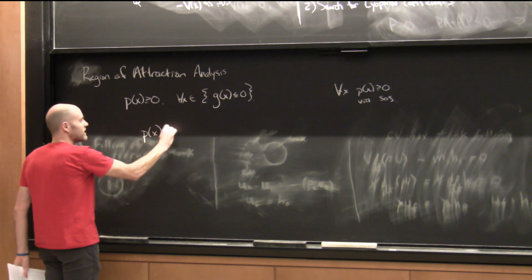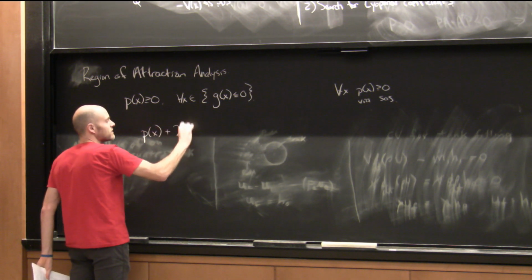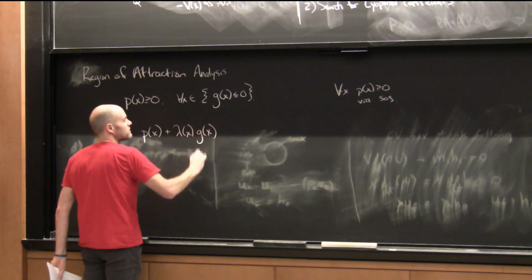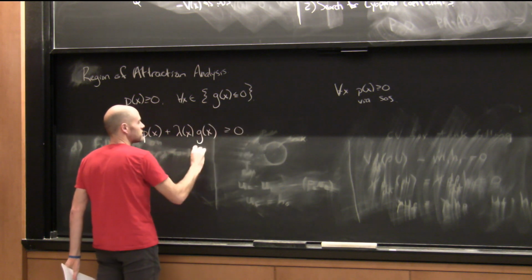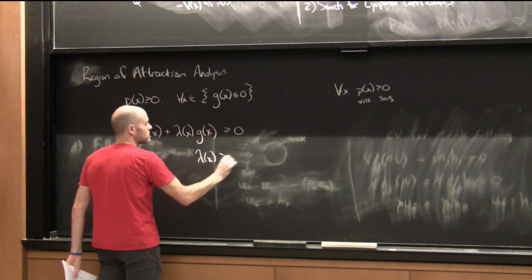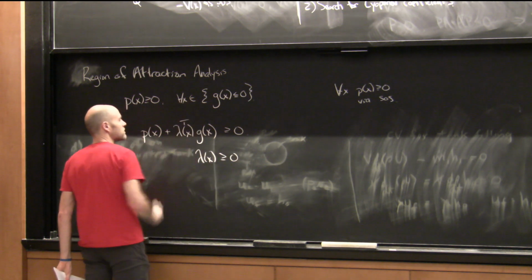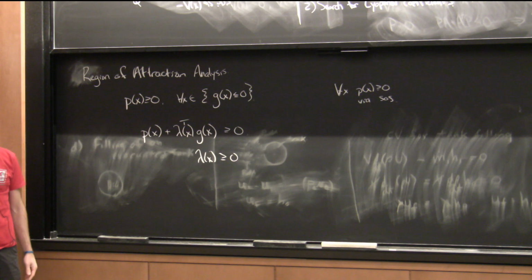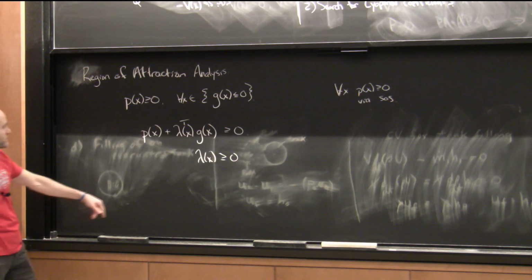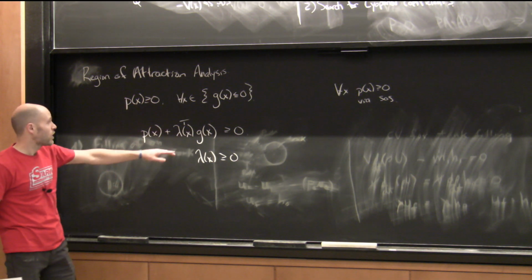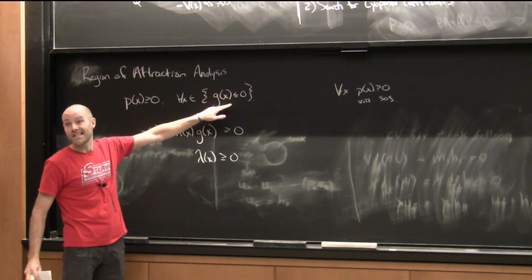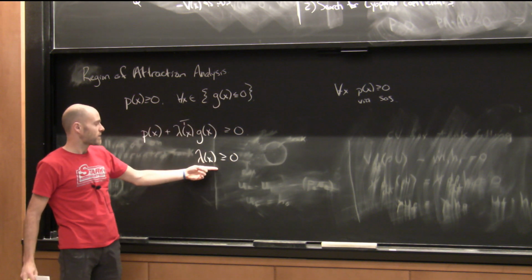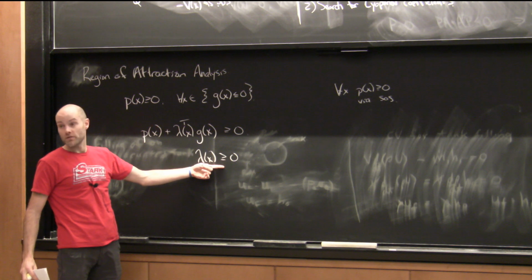So the trick is what you actually ask is this. Okay, let me make sure I get my signs right. Whenever g of x is less than 0, first of all, I'm going to ask for a polynomial that's positive everywhere to be lambda.